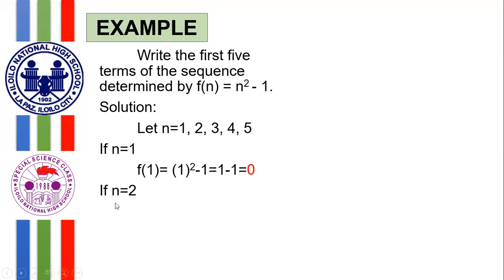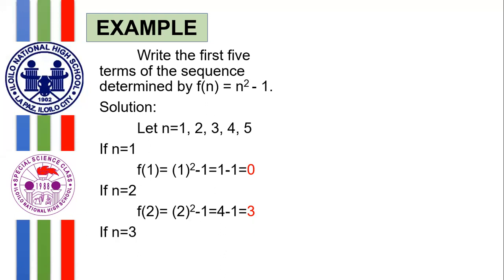If n equals 2, replacing all n's by 2, you have f of 2 equals 2 squared minus 1. 2 squared is 4. We have minus 1. It's equal to 3. Hence, the second term of this sequence is 3.